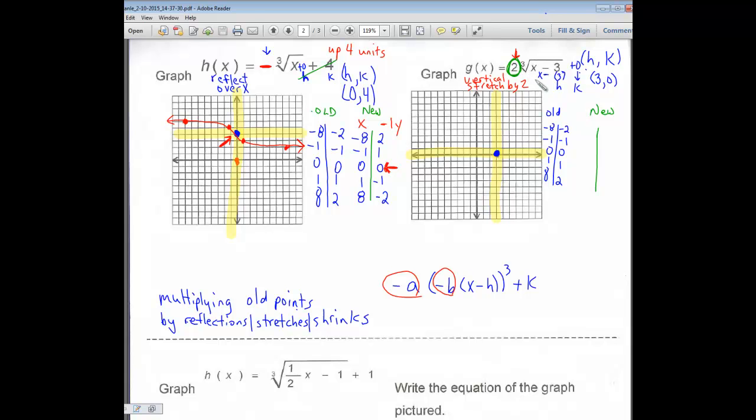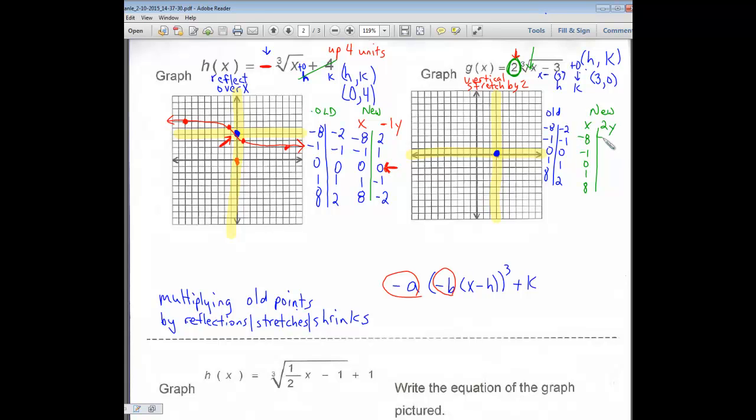Remember, I'm only multiplying by the stretch and shrinks. There is a vertical stretch of 2, so let's multiply all the y's by 2. But there is nothing being multiplied to x. So x stays the same.